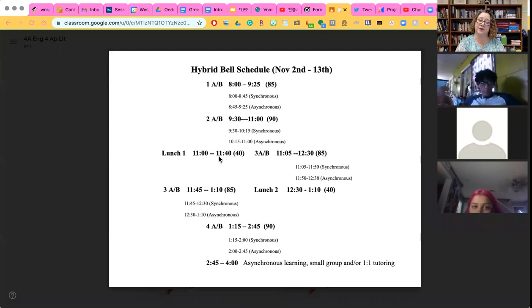Basically the difference is not much at all if you have a third period teacher with first lunch. If you have a third period teacher with second lunch, then it's going to be a little bit different because they're having to have 2 lunches for the students that are here on campus. There's only 1 person per table in the cafeteria right now, so obviously they cannot put a lot of people in there like we're used to having everybody crammed in there.